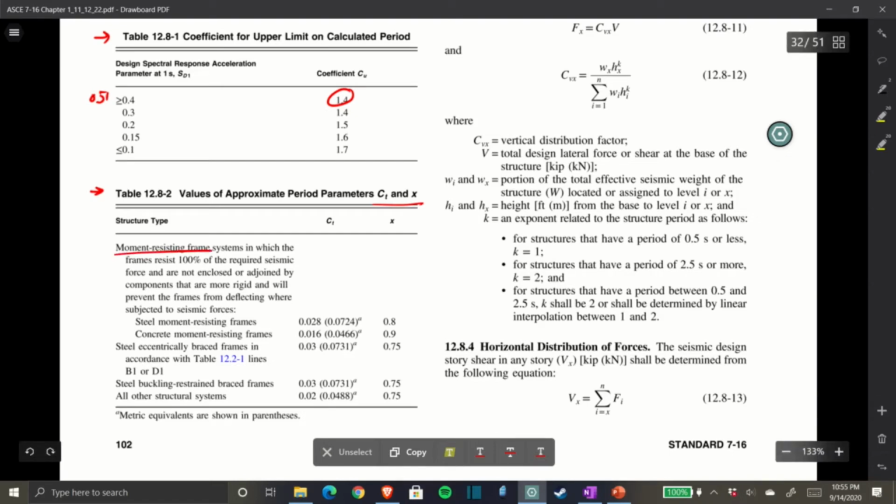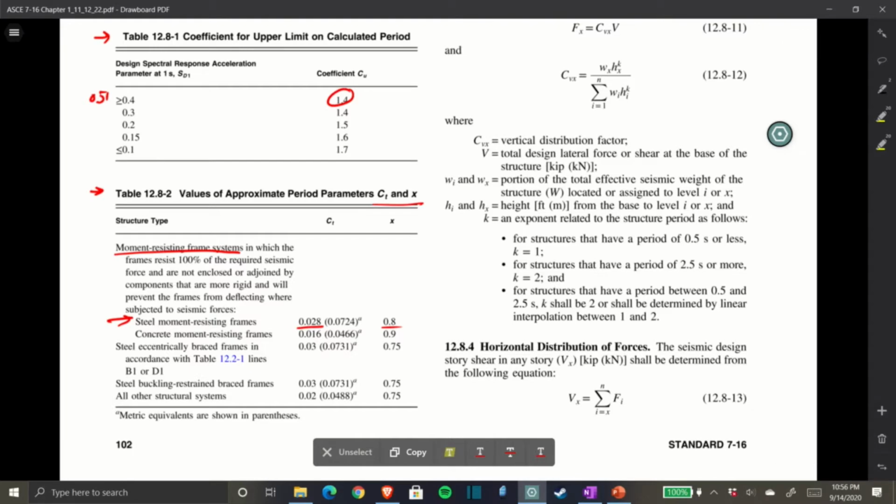Moment resisting frame system in which the frame resists 100% of the required seismic force and is not enclosed or joined by components that are more rigid and will prevent the frames from deflecting when subjected to seismic forces. That's our guy. We're steel moment frame, none of this concrete. So we're doing steel. We have a CT of 0.028 and we have an X of 0.8.